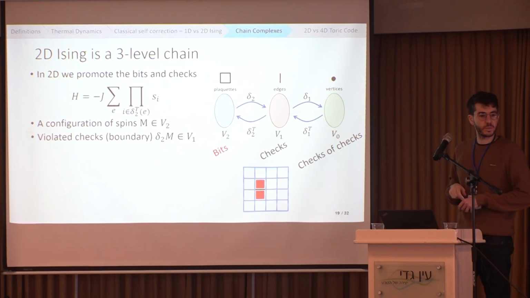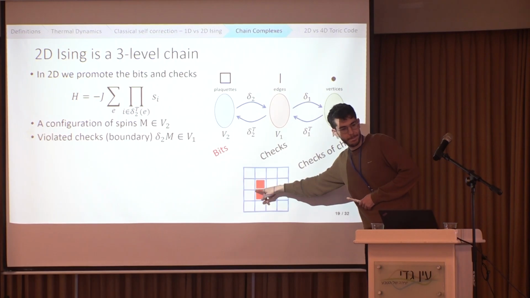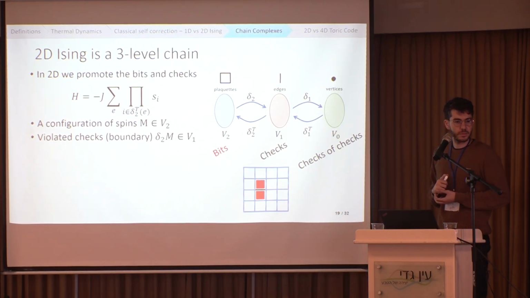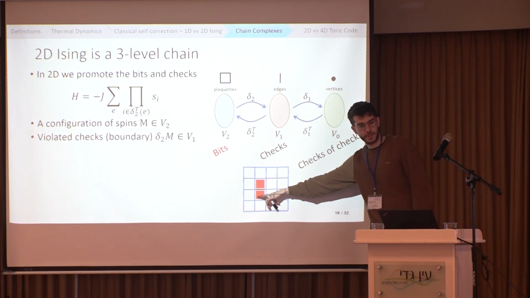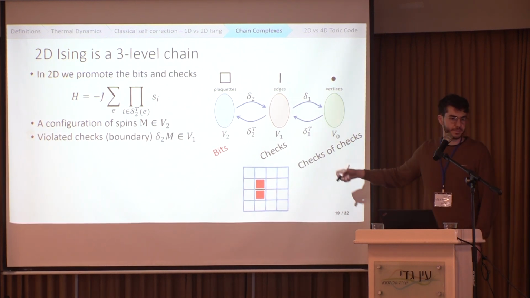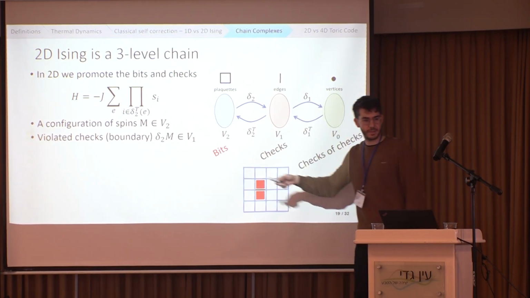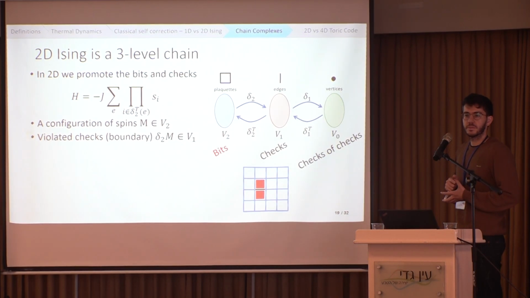Sorry. So a check here is an edge, and for each edge you take the product of the neighboring spins, which are now vertices. I mean, which are now plaquettes. Okay. So 1 is the degree and minus 1 is the DC.